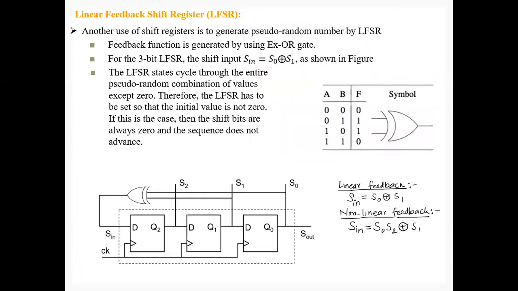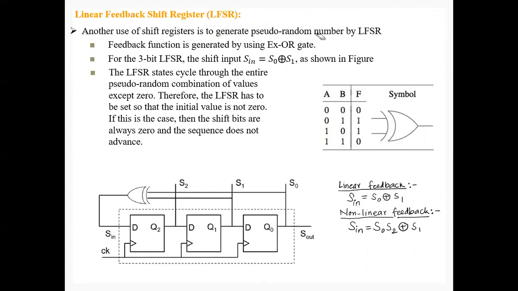Now here, we'll be talking about the generation of pseudo-random numbers. You understand what a random number is, right? A random number is easy to understand, meaning any number, 0 and 1 in our case, generated at random. We don't know what will be the next outcome. It could be 0, it could be 1, again 0, again 1, it could be anything. That's the random number.